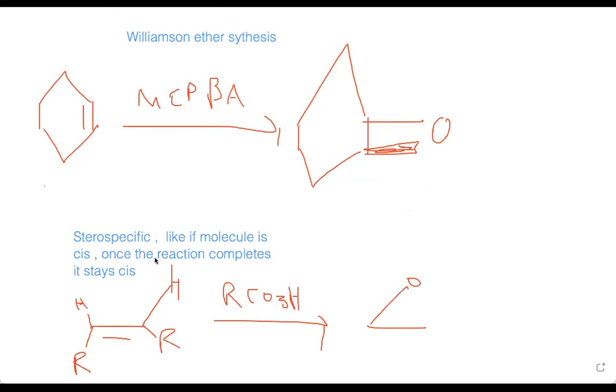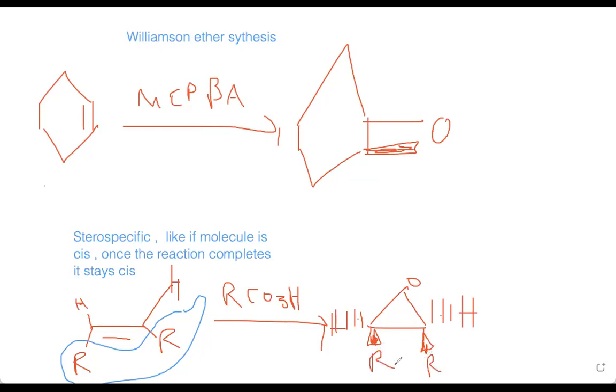These right here. See how they're cis, same side. So make sure that when you draw that they stay the same. All right, that's all I wanted to show.